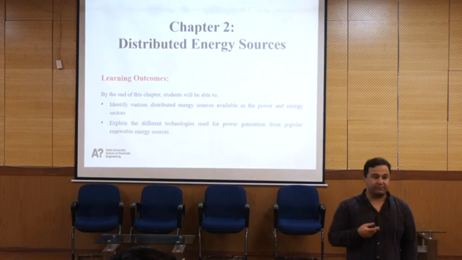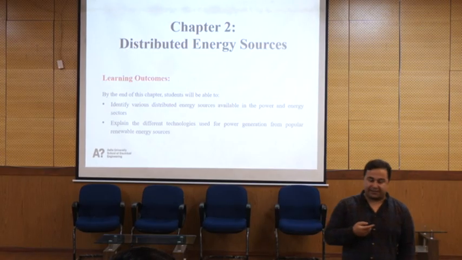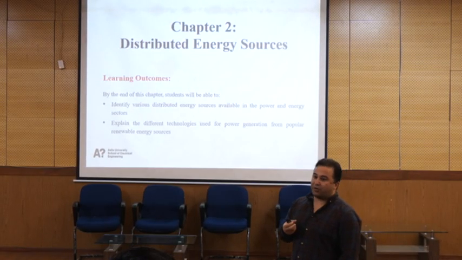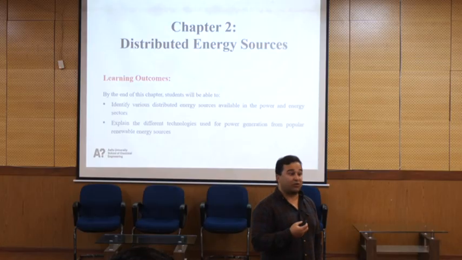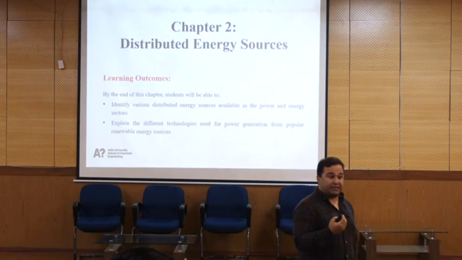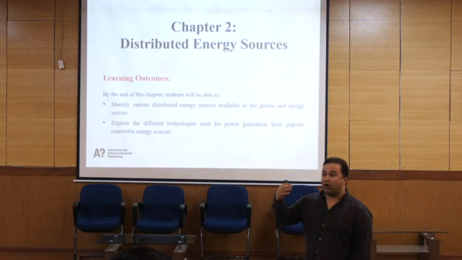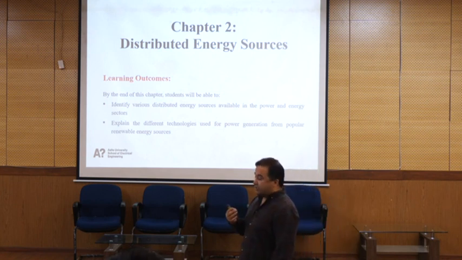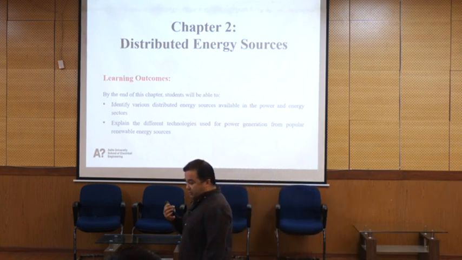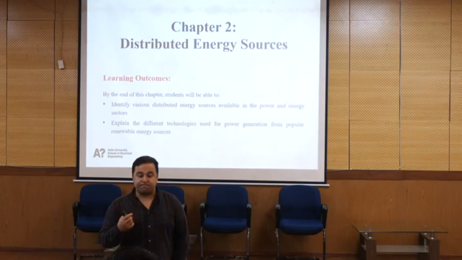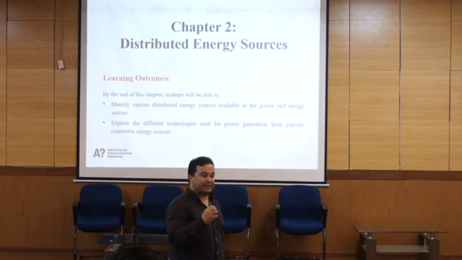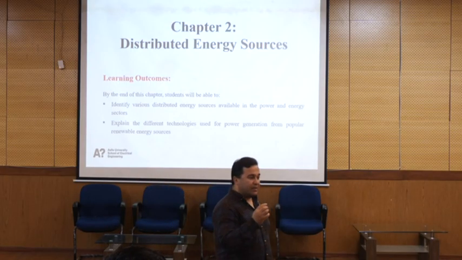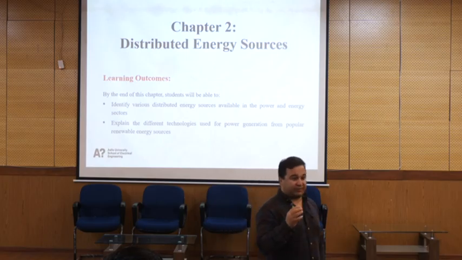Mismatch in the inertia. Yes, it makes some problems. For example, this type of technology cannot provide inertia. With high penetration of such converter-based generators, we somehow threaten the stability of the power grid.